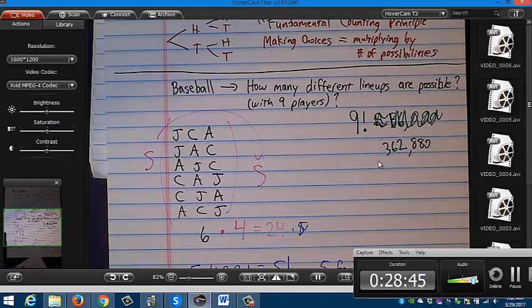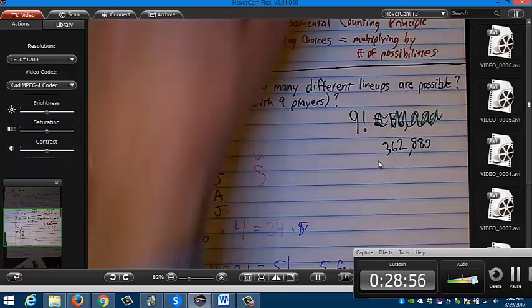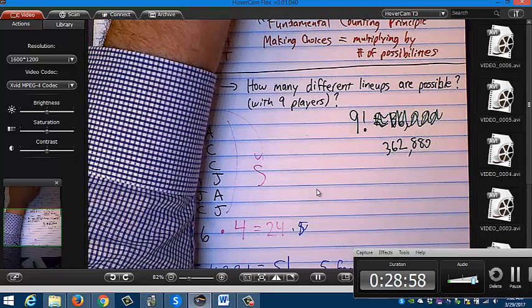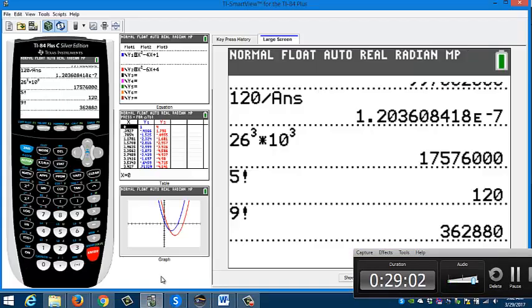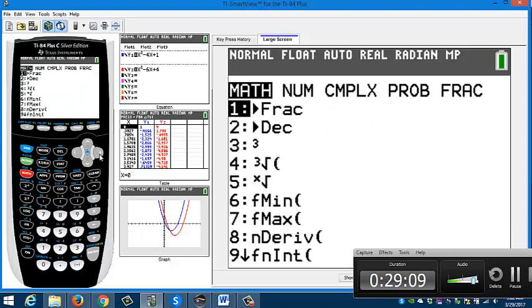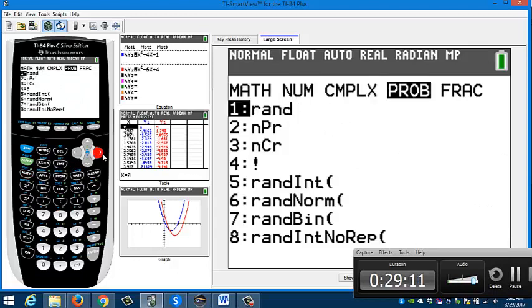Sometimes people wonder, hey, what about playing cards? I deal the cards, so I shuffle them. How many different ways could those cards be arranged? Well, now you know. What do you type in? 52 factorial. Here we go. Again, it's math menu, probability, and choice 4.